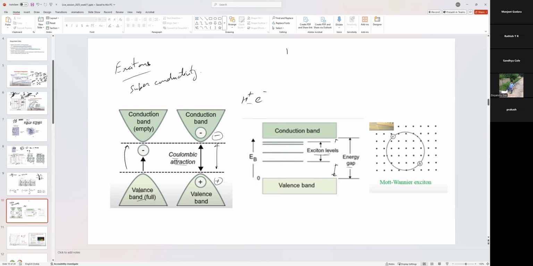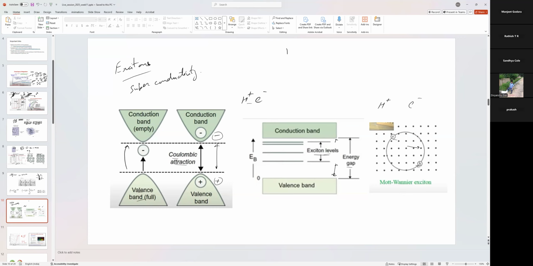And even when this electron-hole pair is moving, they remain bound to each other, forming a kind of hydrogen atom. The H plus and the E minus will spin around depending on the effective mass.